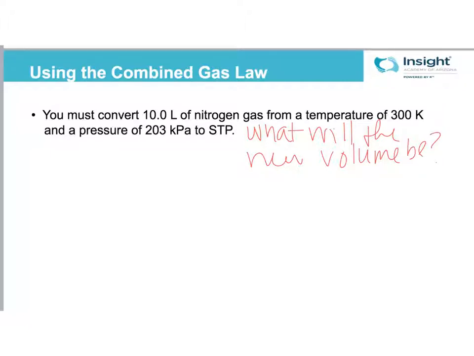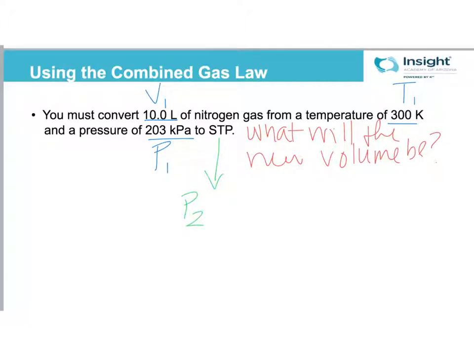Alright, so we know our starting information. 10 liters, 203 kPa, 300 Kelvin. So we've got V1, T1, and P1. Our ending information is coming from here.